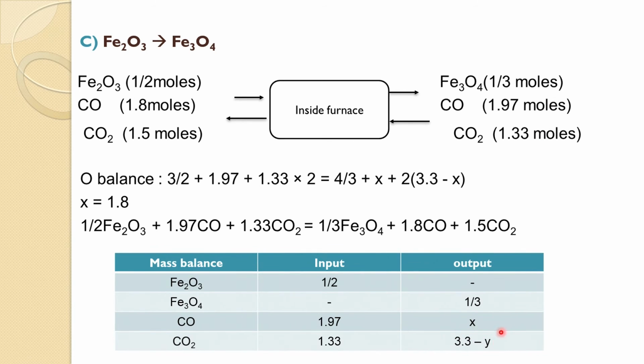The same way we can do our output as we did before, and we do the oxygen balance, then x comes to 1.8 and y can then be calculated. So, this gives you this equation, where 1.97 moles of CO is being used to reduce hematite into magnetite.